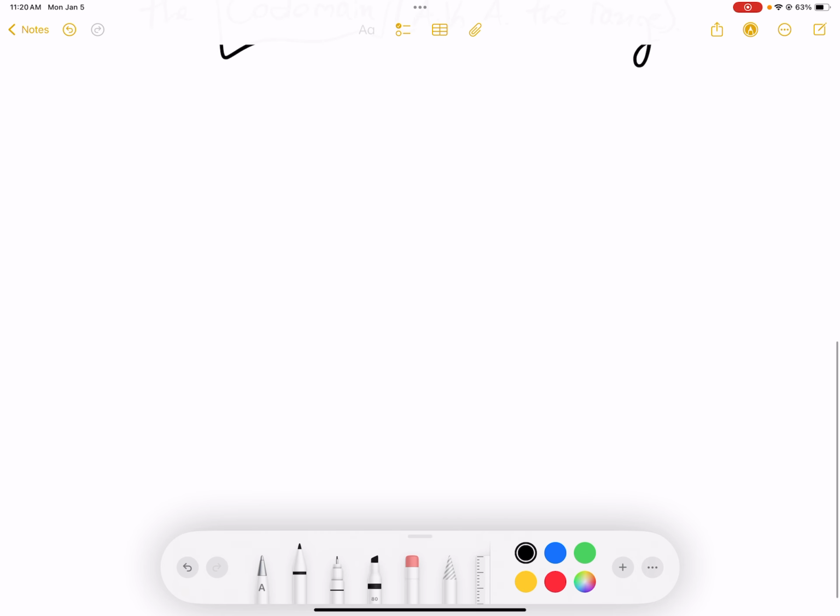Let's say I have y equals x squared. This is a special mathematical relationship, and it is a function. Let's see why.